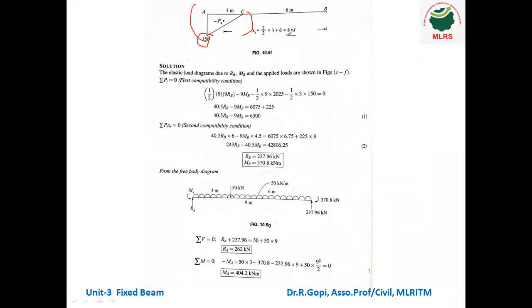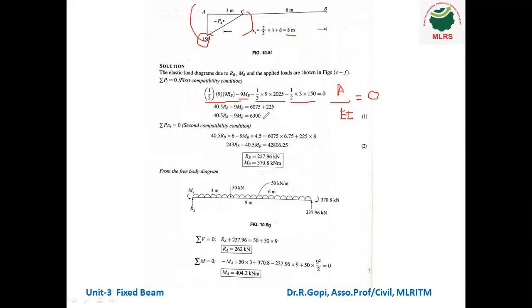Okay, students. So now apply the first compatibility equation, that is A divided by EI equal to 0. Okay. So now for the first triangle bending moment diagram, half into B into H, and the second rectangular bending moment diagram 9 MB, and the third parabolic bending moment diagram is 1/3 of BH, and the fourth diagram is a triangle, so half of BH.